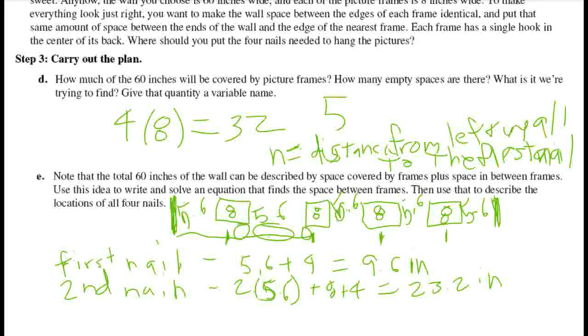So that gives me the 13.6. So for my third nail, I can take my 23.2 plus 13.6 equals 36.8.